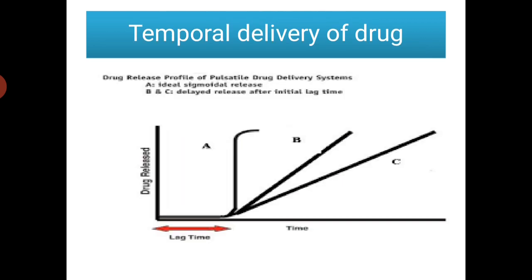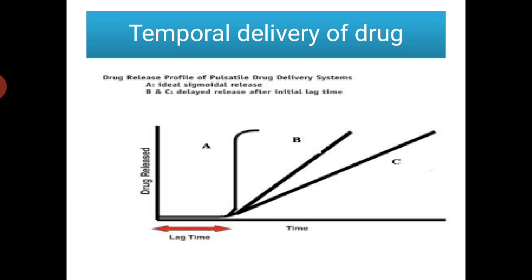The next one is the temporal delivery of the drug. The word temporal itself means that it depends upon time. That means time dependent delivery. Some drug molecules, as shown in this graph, A, B, C. Both these drug delivery systems have a lag time. Suppose, for example, 2 hours is a lag time. That means for 2 hours after administering, the drug is not released out of the delivery system.